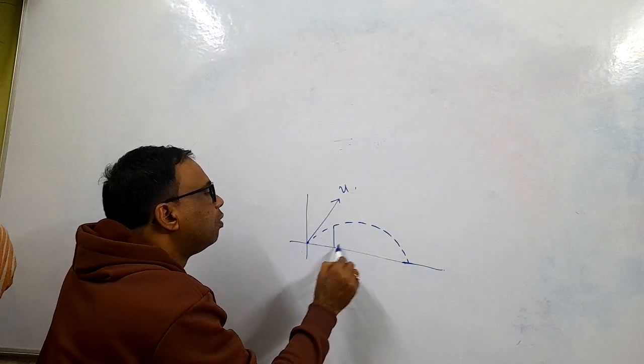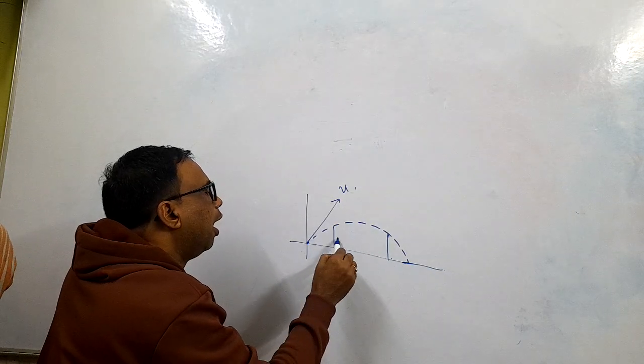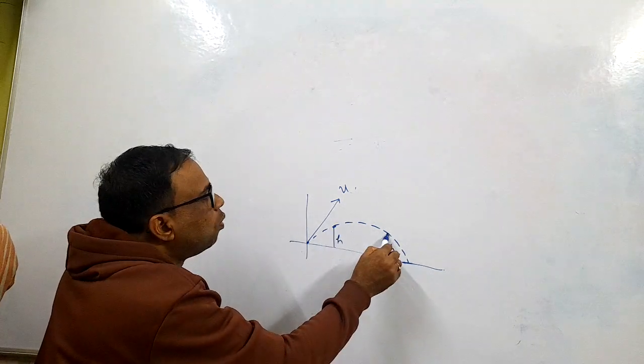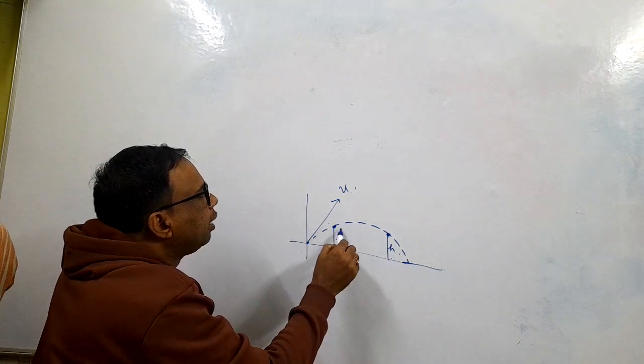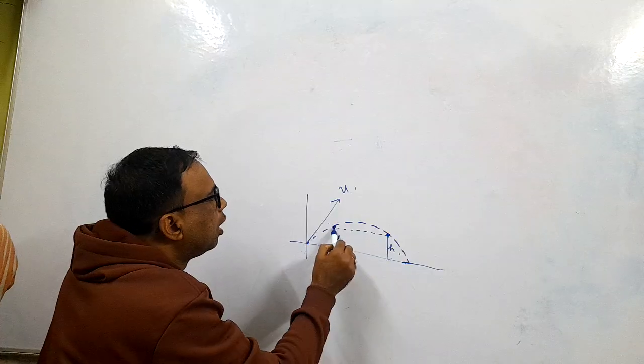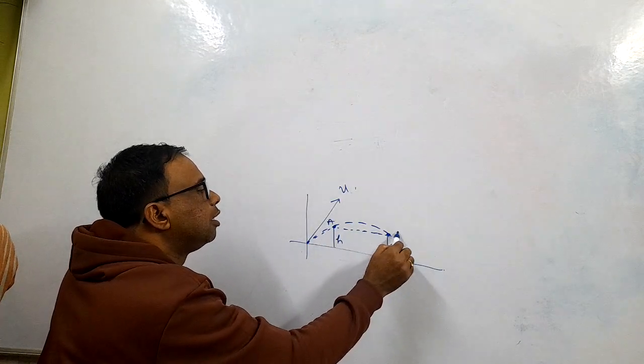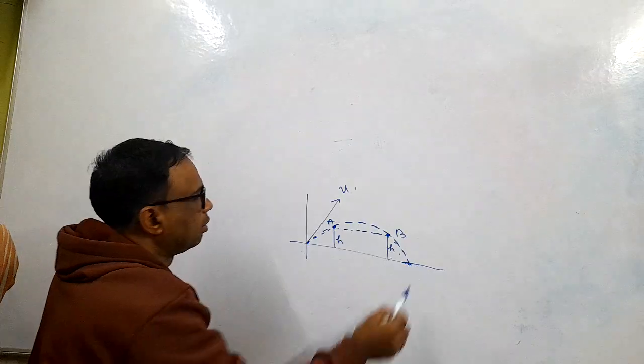Suppose there is a height H, where these two points are at the same height, and the projectile touches this point, touches this point again, and lands here.